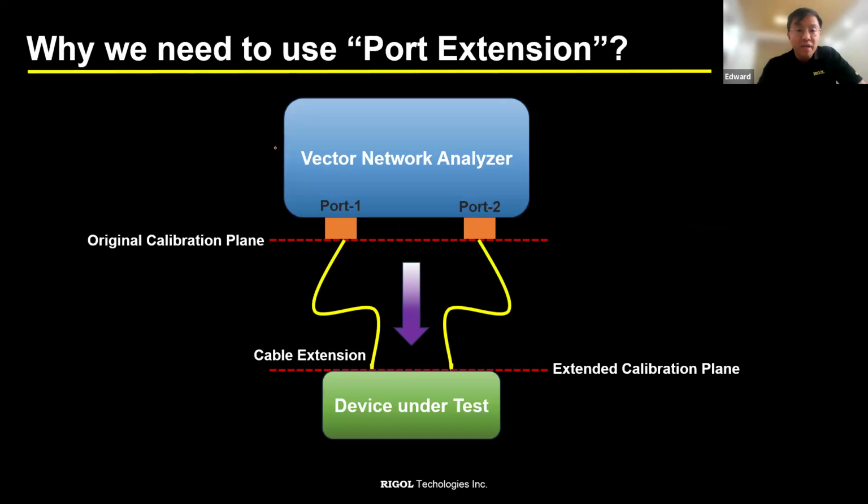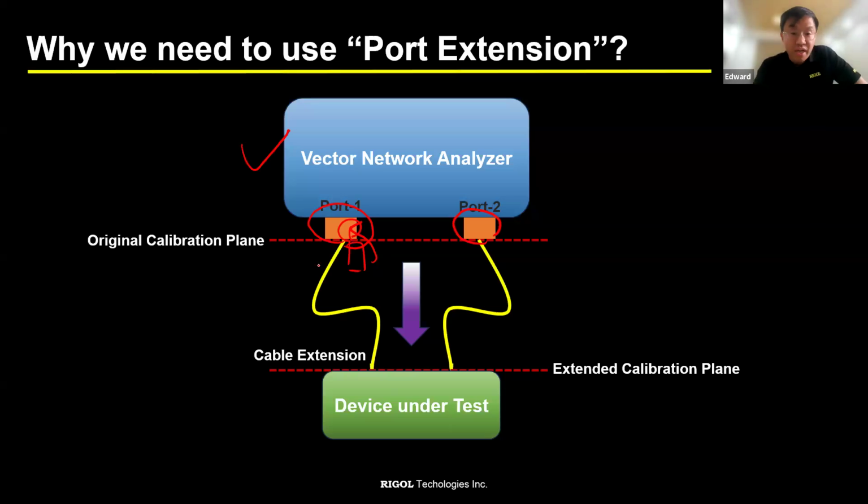Because it is a network analyzer, right? On the network analyzer we have port 1 and port 2. But it is impossible to hook up the devices directly to the port, right? Because the customer's device under test may be very large, or at a long distance, behind and between the network analyzers.